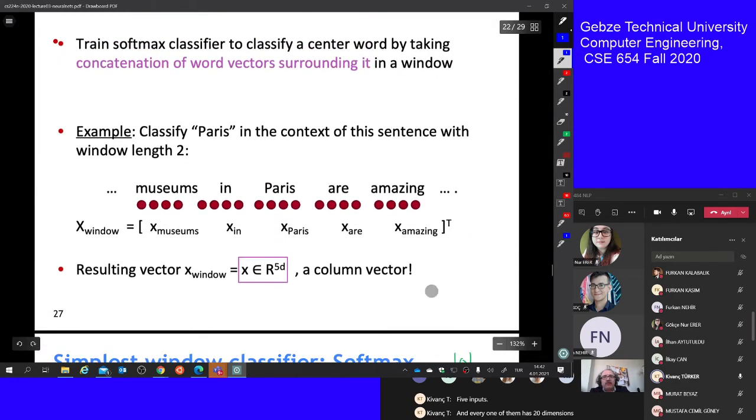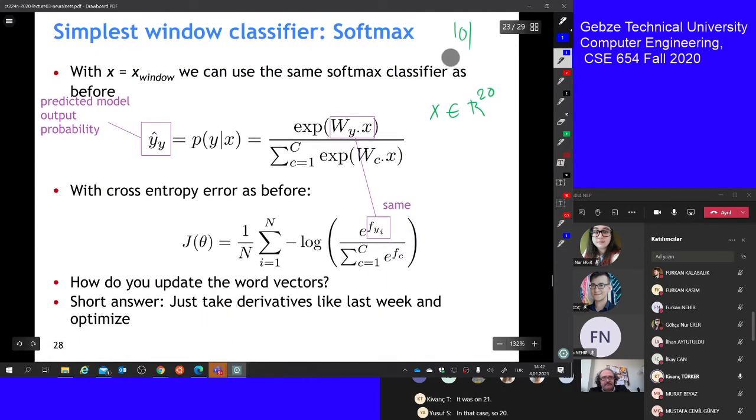No. Everyone has 4 dimensions. Then 21. In that case, 20. Well, remember, this is not a neural network. This is a softmax classifier. We don't have the bias here. How many classes do we have? Anybody?